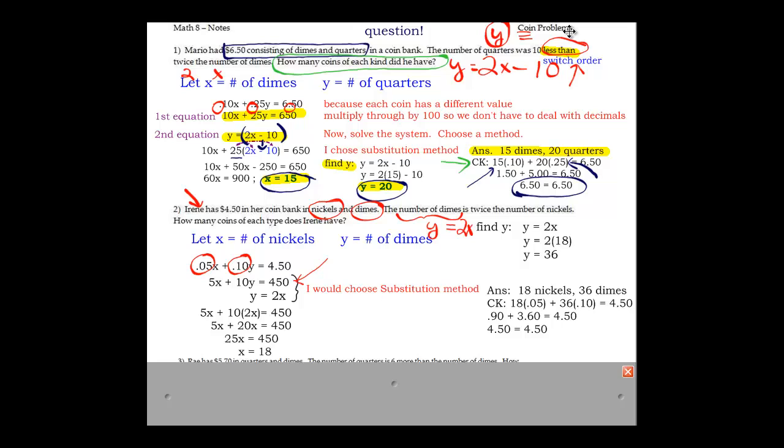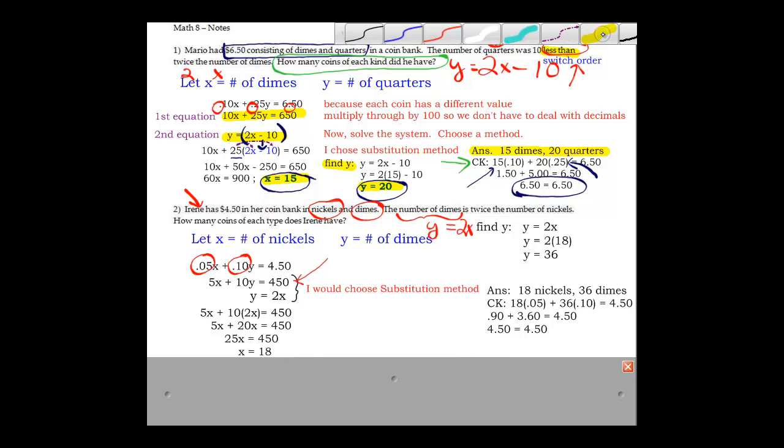And I solved by substitution. This was kind of simple here. I substituted in what y equaled, combined like terms, and I wound up getting 18 for the number of nickels. Find y. y is 36. Answer the question.